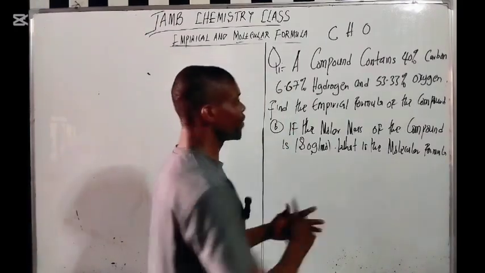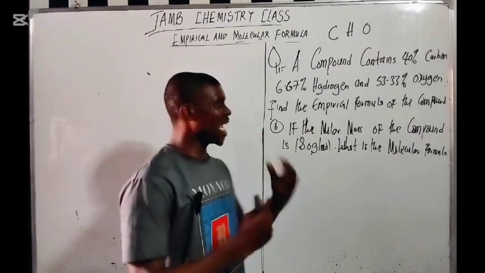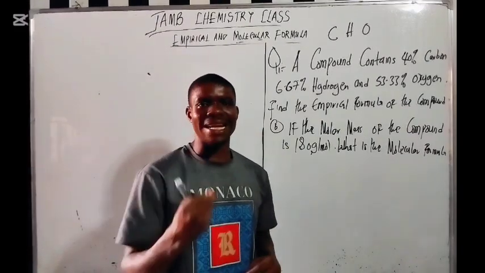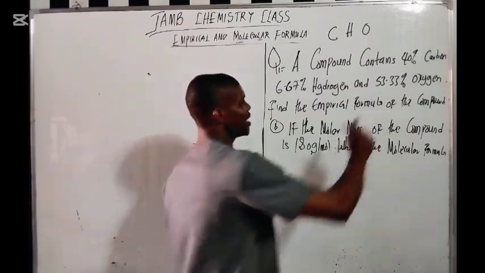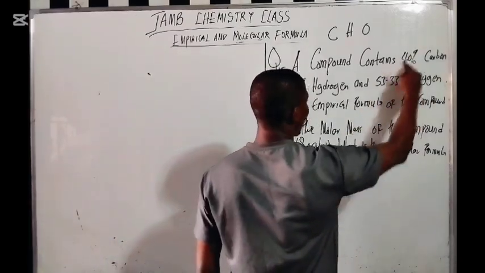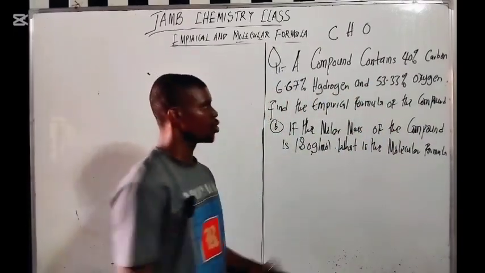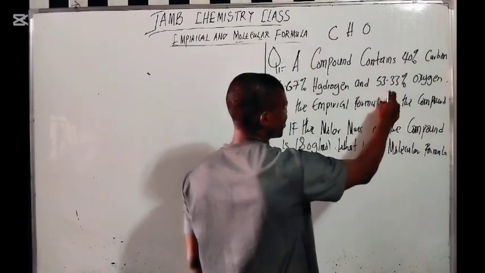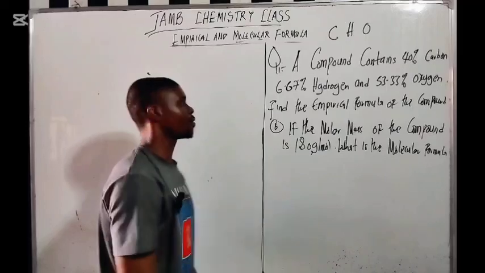So when percentage is given to you, first confirm, because if it's not up to 100%, then the question is not correct, and you are just wasting your time. So 40 plus 6.67 plus 53.33 gives you 100% straight. So the question is accurate, right?